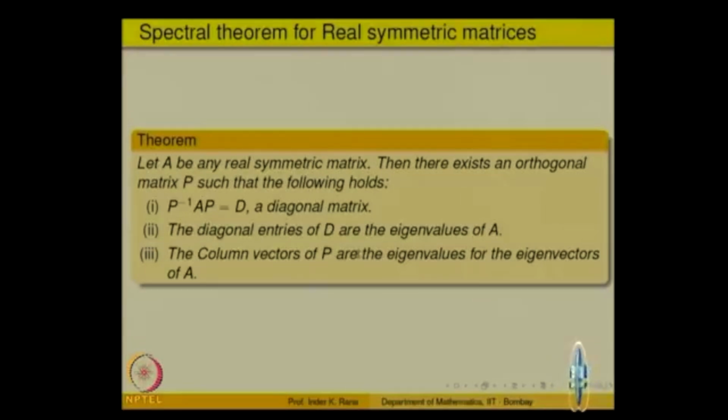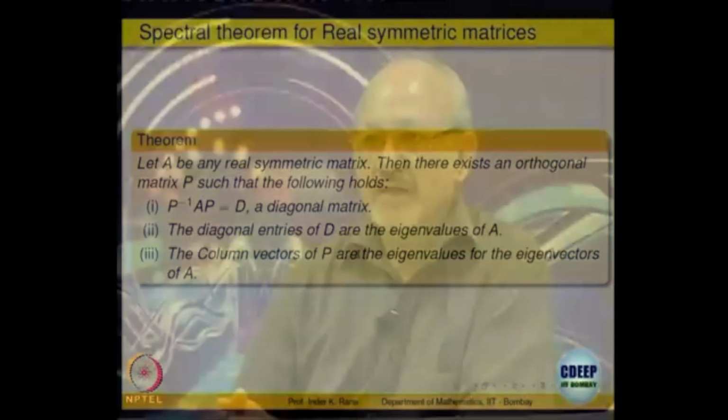So basically it is the same process that we do for general diagonalizability. Given a matrix A, you find the eigenvalues, you find the corresponding eigenvectors, right? If it is real symmetric, there are going to be n eigenvalues, counting multiplicity. So each eigenspace is going to have a basis consisting of eigenvectors.